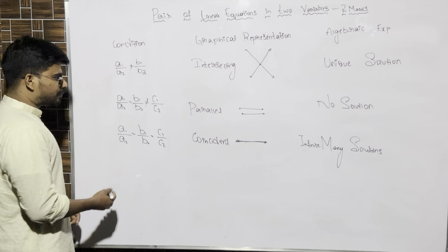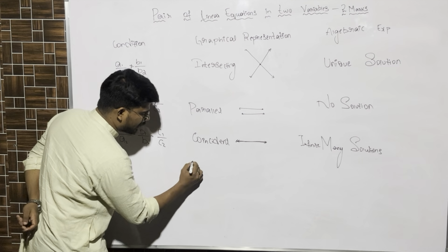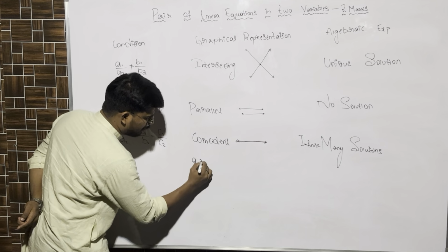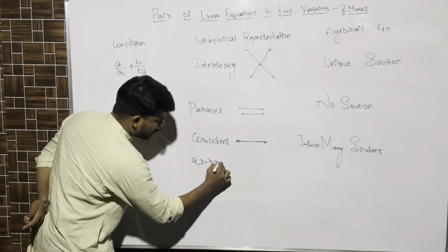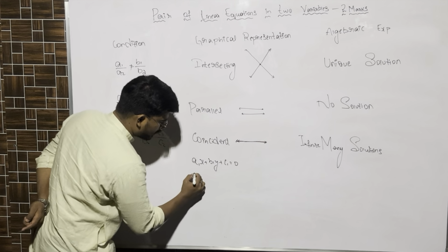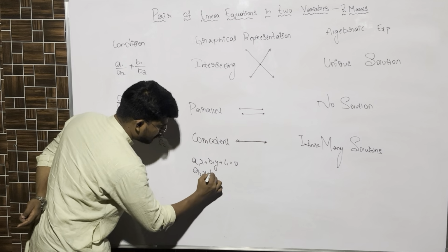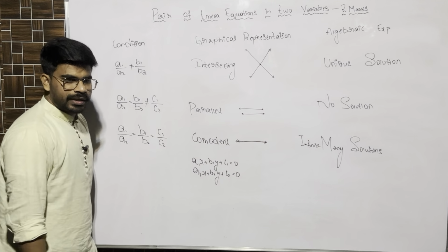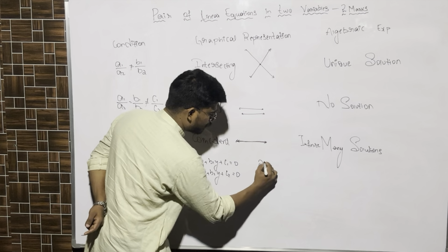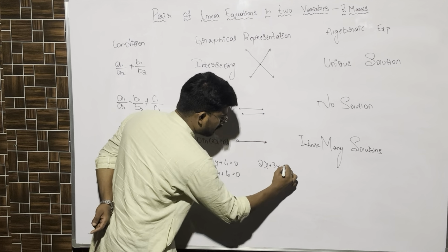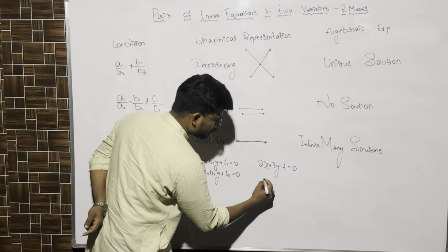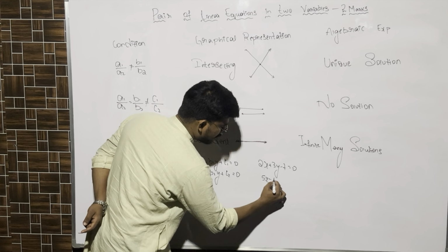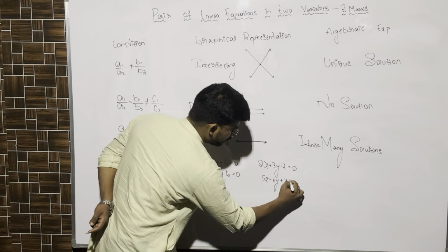So if two lines are there, the general representation is A1x plus B1y plus C1 is equal to 0, A2x plus B2y plus C2 is equal to 0. These are the two lines. For example, if I take 2x plus 3y minus 7 is equal to 0 and 5x minus 6y plus 4 is equal to 0.